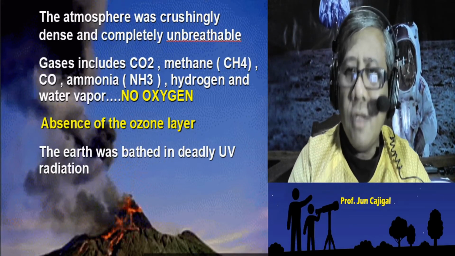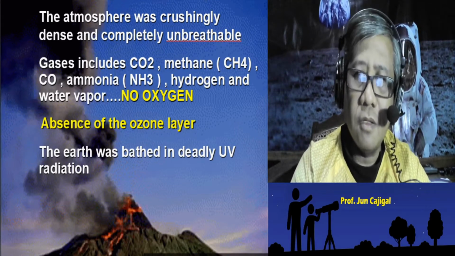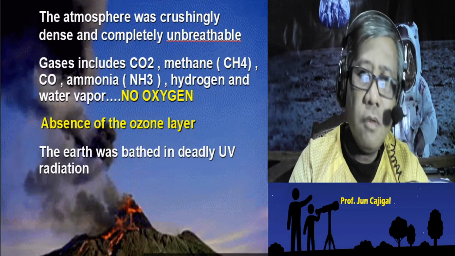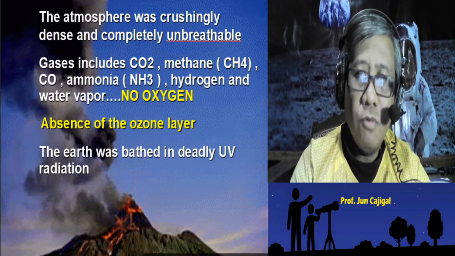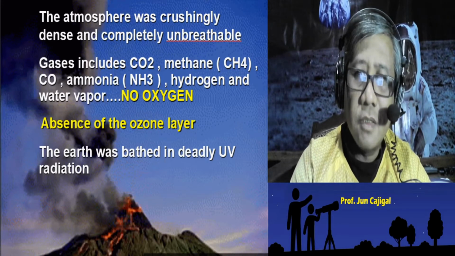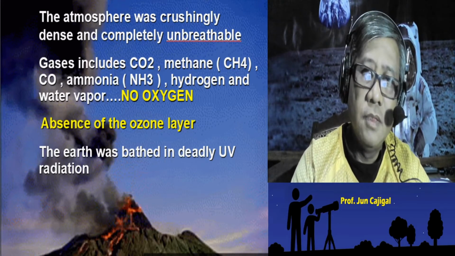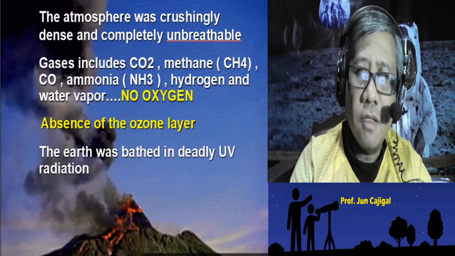So what's the consequence of having no oxygen in the early atmosphere? Pag walang oxygen, there's no ozone layer. So, 2 billion years ago, there was an absence of the ozone layer. So, walang ozone layer noon. What's the consequence of that? Anong implication yan?